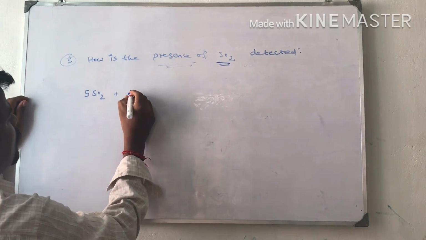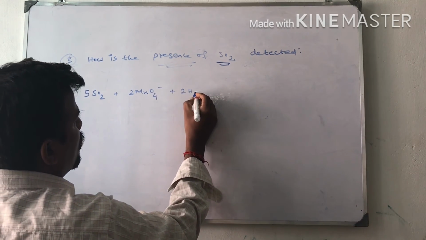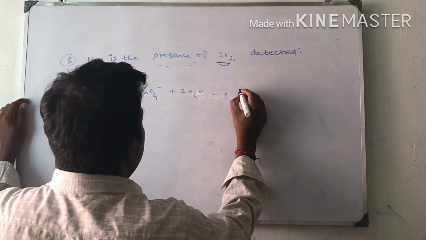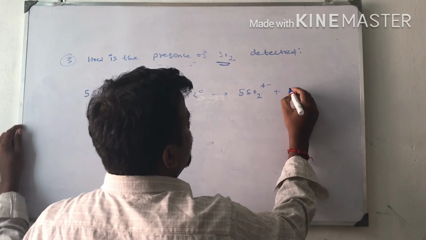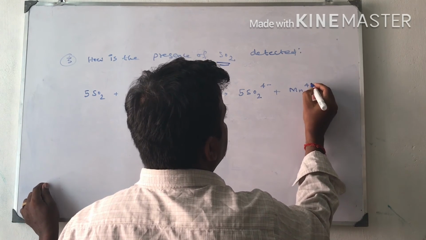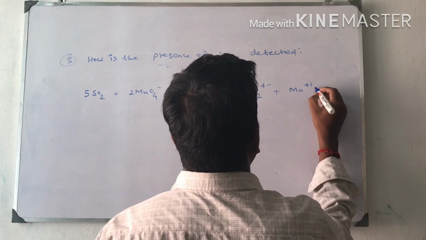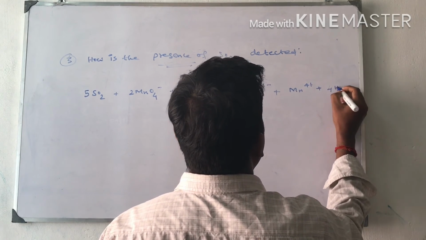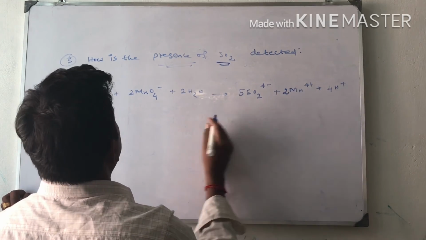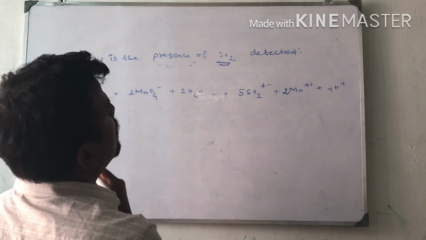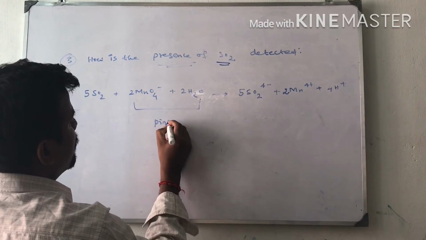5SO2 plus 2MnO4- plus 2H2O gives 5SO4 2- plus 2Mn2+ plus 4H+. In this reaction, the permanganate is pink in color.